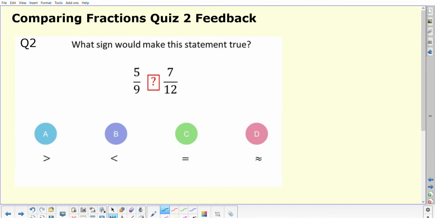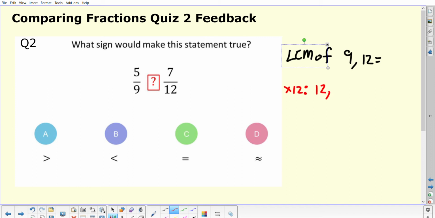This next one, however, the 9 and the 12 being on the bottom, there isn't, and with the numbers that are on the top, you can't simplify this time. So we do need to look at the method of doing the lowest common multiple. So you are looking at the lowest common multiple of the denominators, which is your 9 and 12. So if you start writing down, pick the bigger number first, so start with the 12 times table.